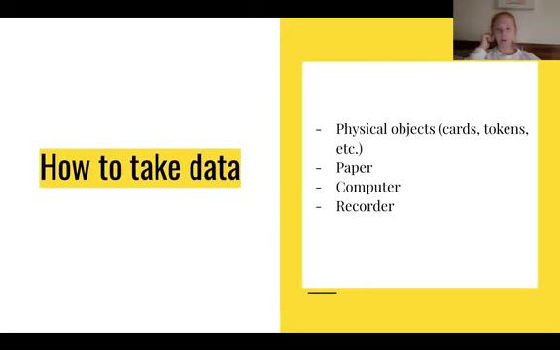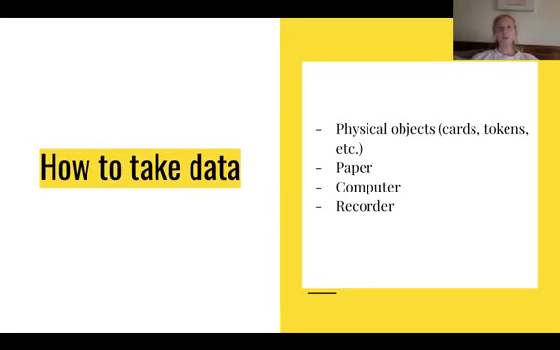I would just be careful with this because kids catch on pretty quick, and some kids take things very personally. If they see a bunch of minuses and they know that they're not doing very well, it can be very discouraging for them. So if you are going to take data that way, make sure you have a clipboard and you're holding it up so they can't see what you're writing, because you don't want them to take it too personally.